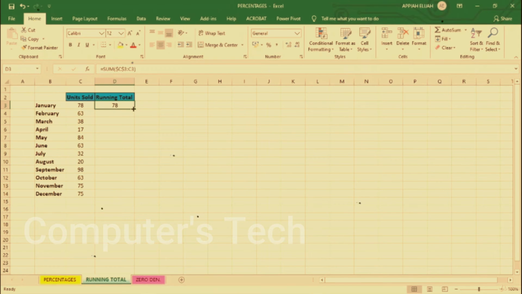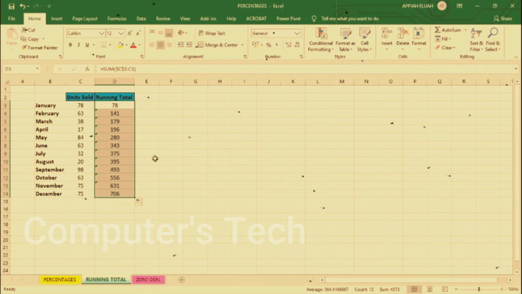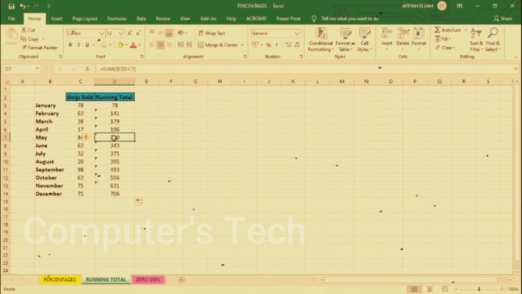So I use the autofill handle and then drag it down to this end, and it will keep on adding itself. So if you look at this formula, for instance, like here, it means that it is the sum of the absolute reference, which is the 78, all the way to C7. Okay, this is the 7th row and the C column. So all the way to C7. So it keeps on doing something like this.